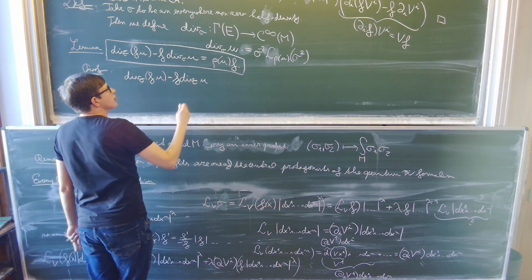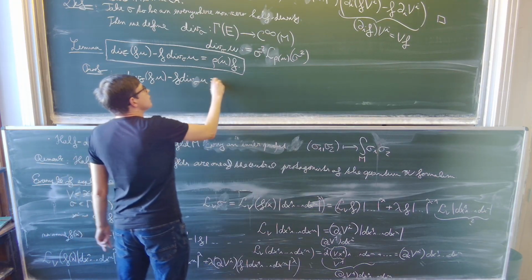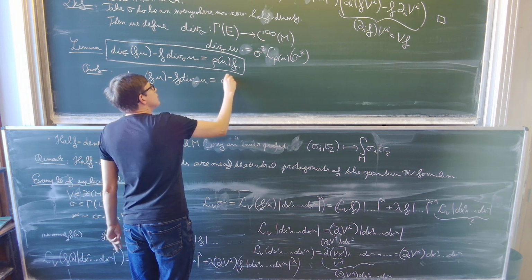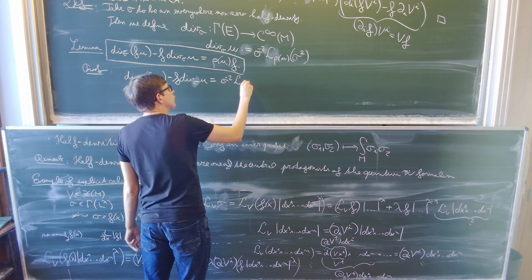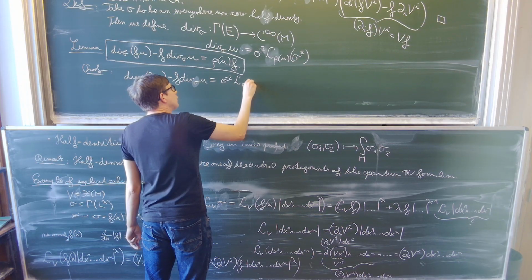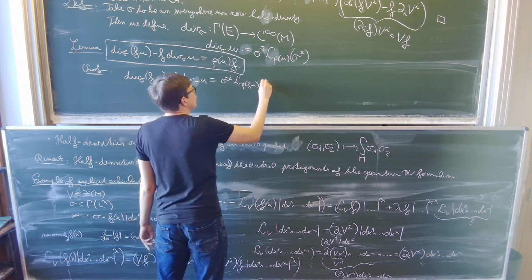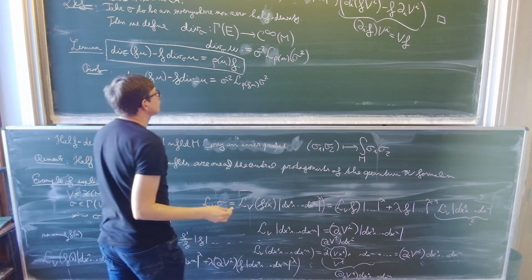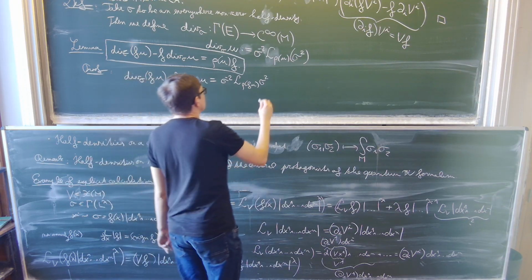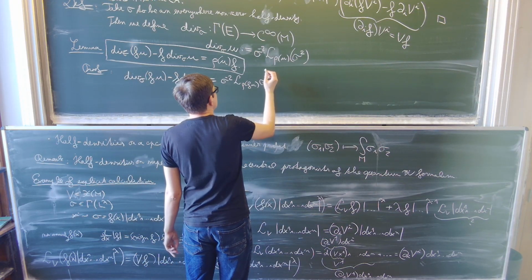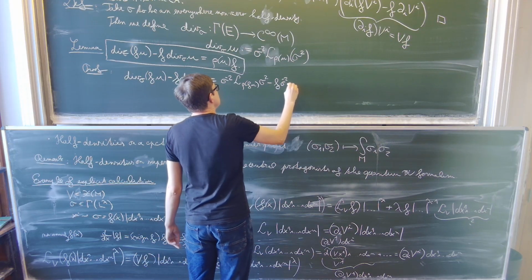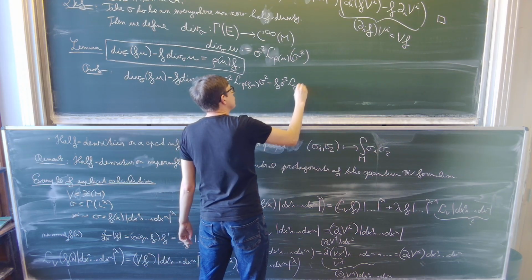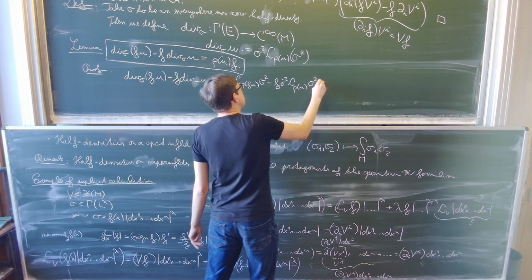One of these proofs where you just calculate. So this is sigma minus 2 Lie derivative of this guy and sigma squared. In fact, okay, whatever, times f sigma minus 2 L rho sigma squared.